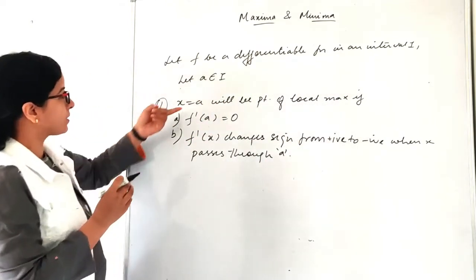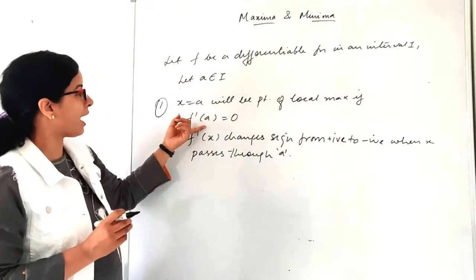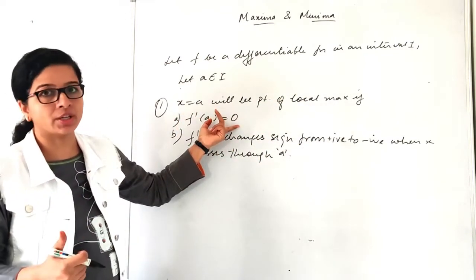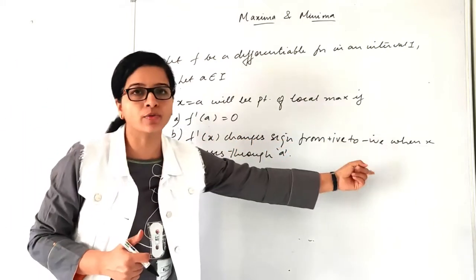Okay, similarly x = a will be a point of local minima when f'(a) is equal to 0. This is the same condition. Only the change will come here: f'(x) changes sign from negative to positive.